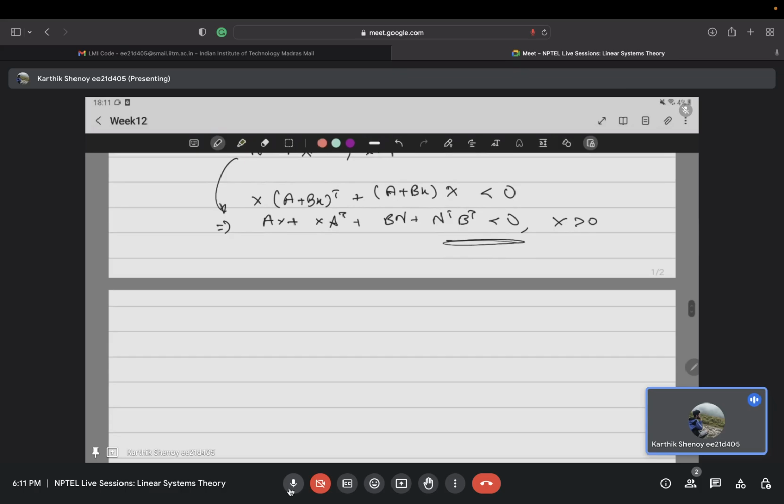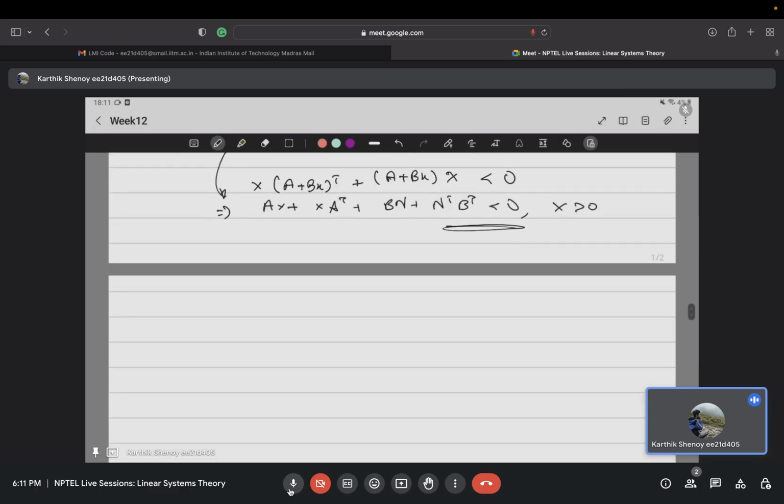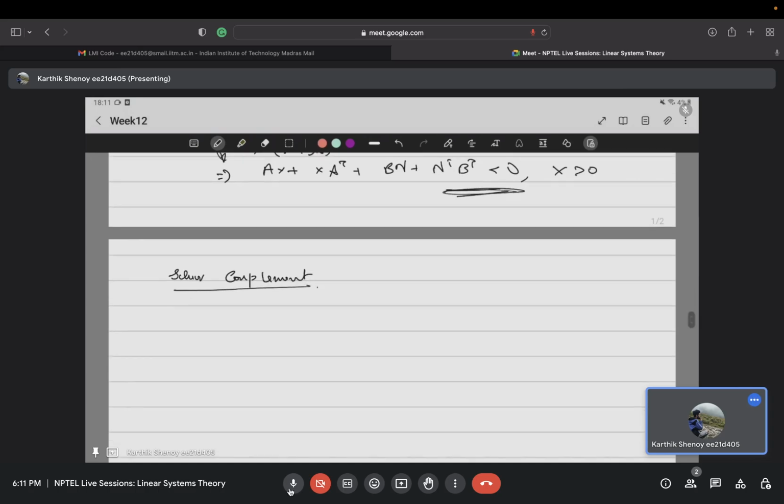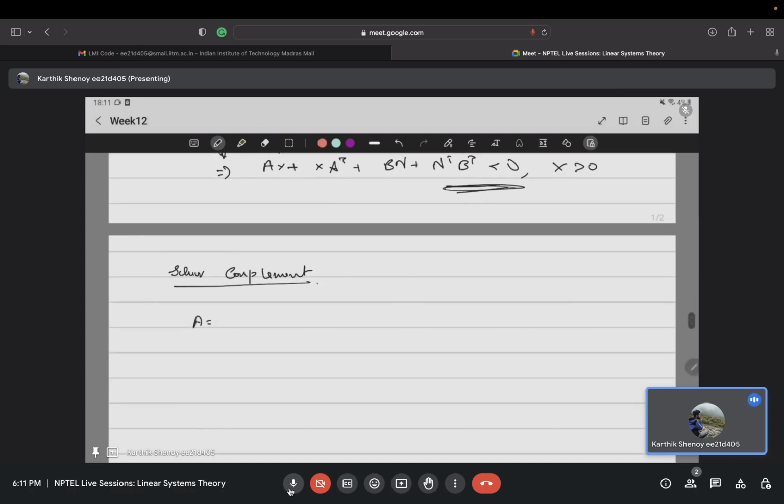So in the general case you can't always apply this trick of changing the variables, okay. So we will have to look at a mathematical tool called the Schur complement. So let's take a matrix A which is a block matrix, A11, A12, A21, A22.